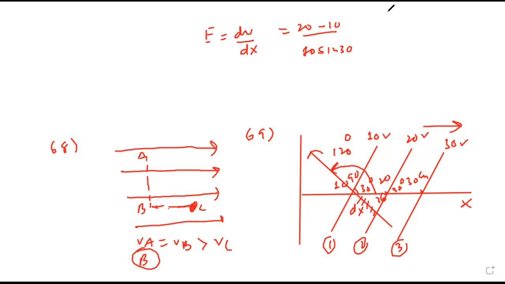Followed, sir. 10 sin 30 because this is 10, this is 20, total distance 10, that is the hypotenuse. So the side opposite to 30 will be 10 sin 30. So it will be 10 centimeter, convert into meter, sin 30 is half. So 2 will go up into 10 raised to plus 2. So 200 volt per meter, making 120 degree with the x-axis, that is option C. Very famous for JEE.